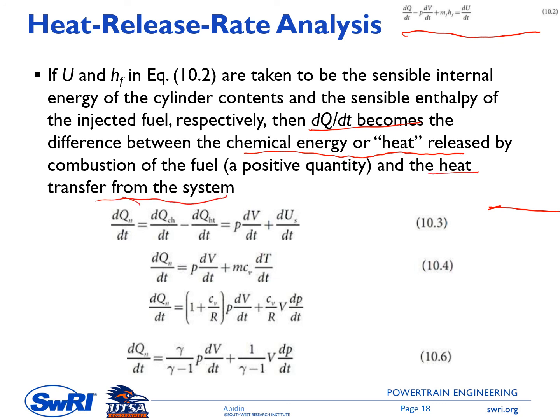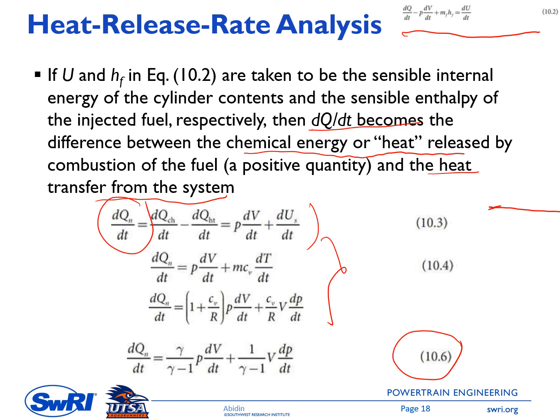So here we can write dQ_n, where n stands for net. This is the chemical heat release rate minus the wall heat transfer, equal to PdV plus dU/dt. Then we can apply the ideal gas formula here, assuming also constant Cv, and finally we get equation 10.6.